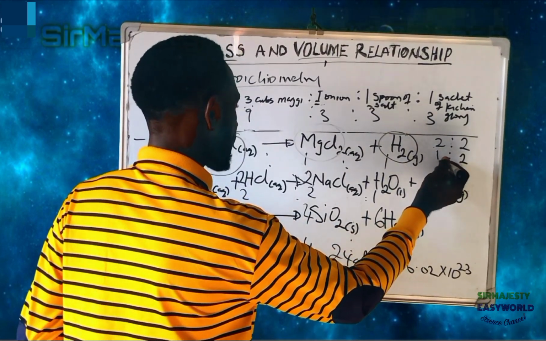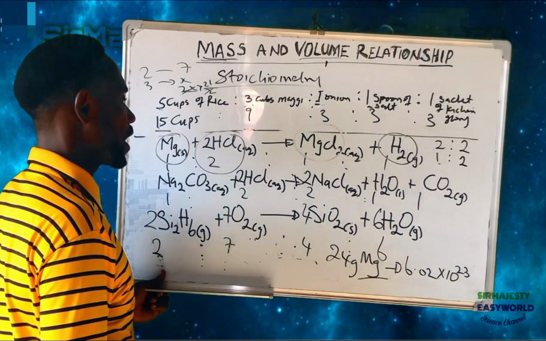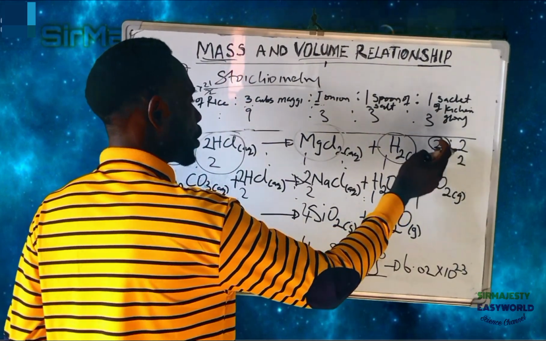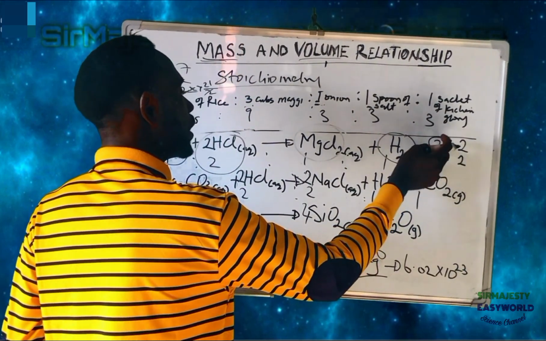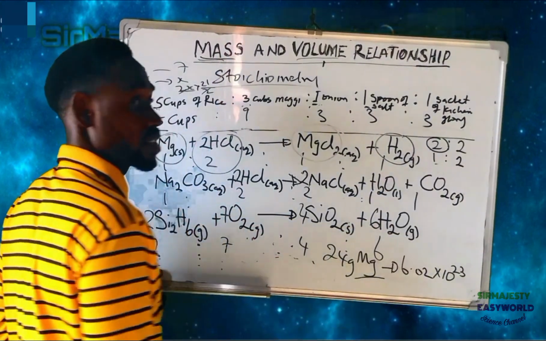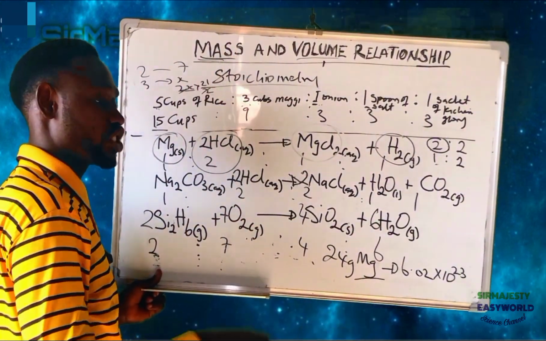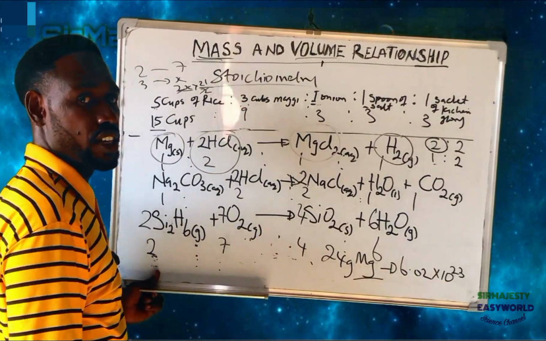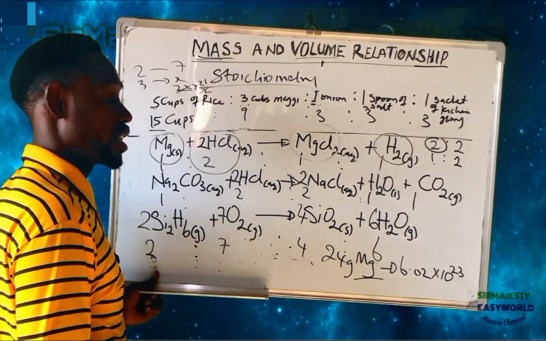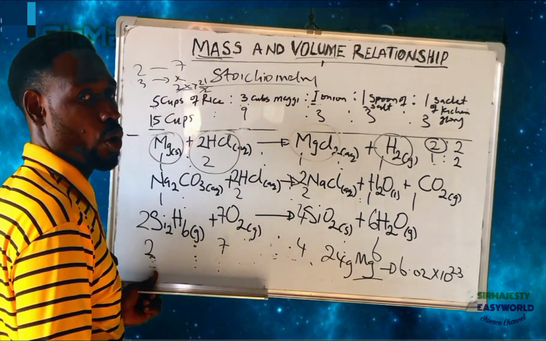I've been given excess of magnesium, because magnesium requires 1 but it is provided as 2. So if magnesium is in excess, it automatically means that the limiting factor is HCl. The reagent in short supply is the limiting factor, while the one supplied in excess is said to be the excess one, the one in surplus.